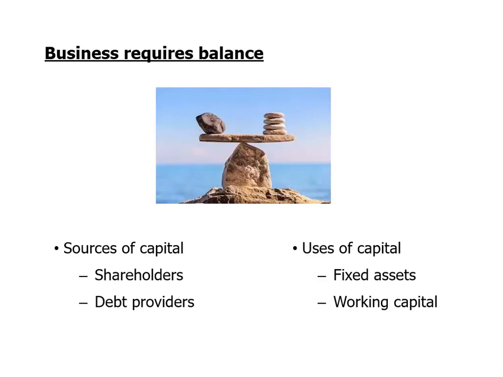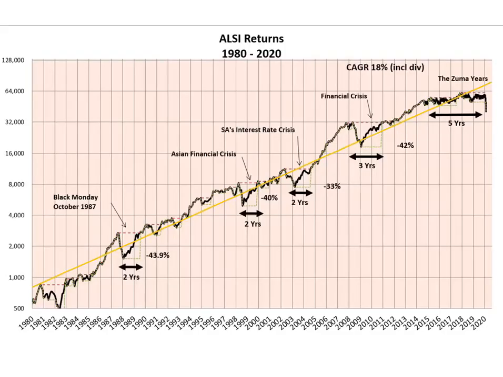So let's spend a moment looking at this chart that tells us about the historical performance of the All Share Index as measured by the Johannesburg Stock Exchange. This All Share Index consists of approximately 160 shares on the JSE. Those shares are based on the size of the company as measured by the value of the equity.